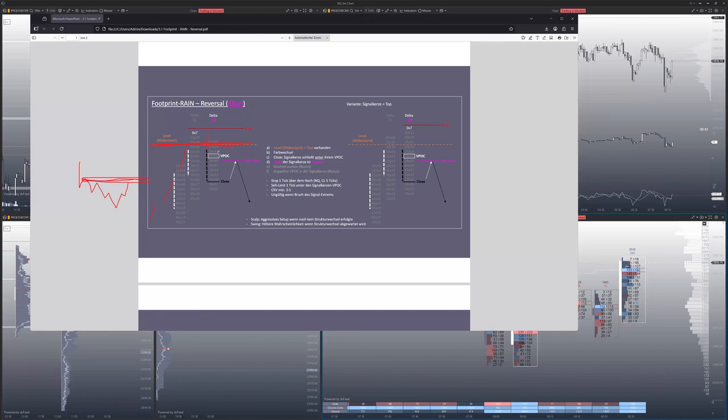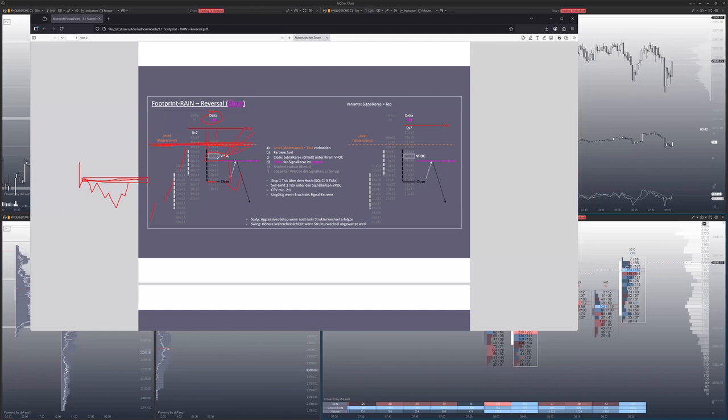And if it's a red bar, I also need the market to close below the VPOC with this bar. If the bar closes below the VPOC, this is for me the signal bar I'm looking for. And I also need a negative delta. If I have a negative delta, a red bar, and a close below the VPOC, this is my signal bar.